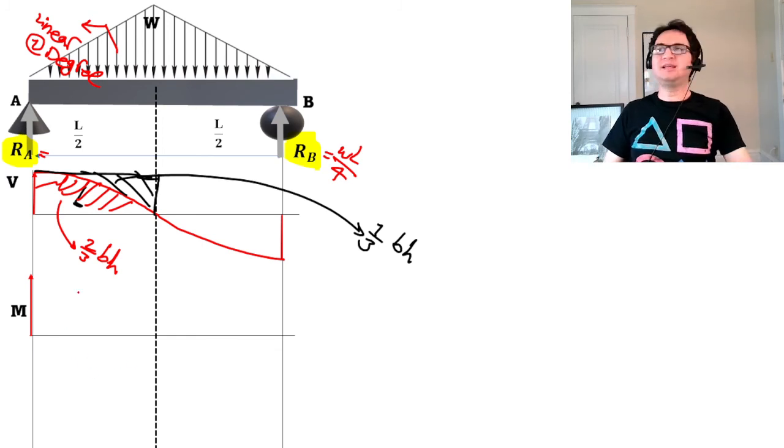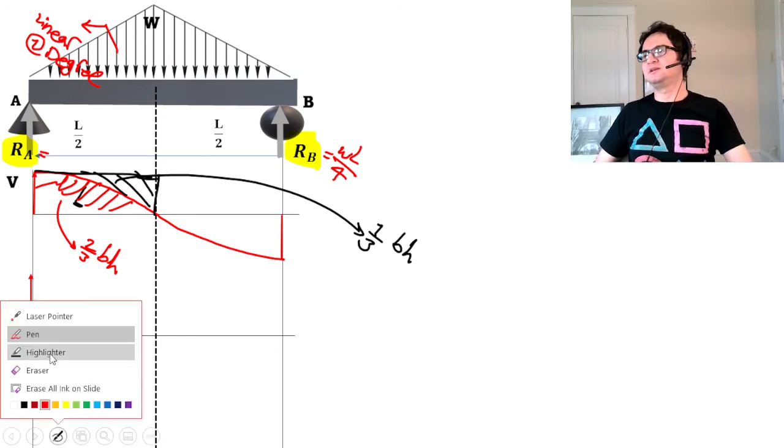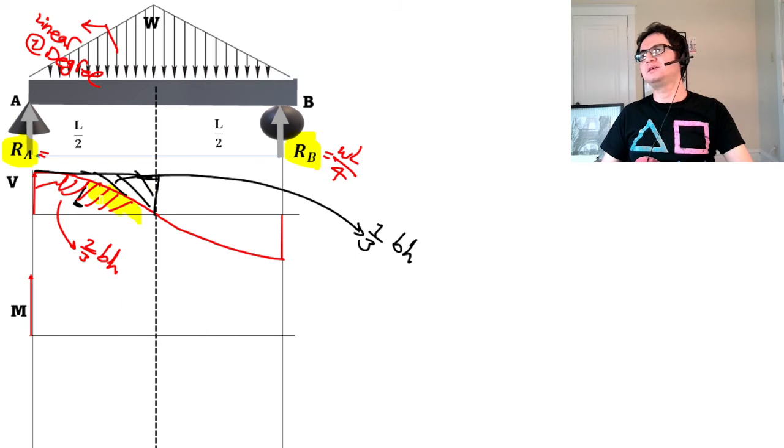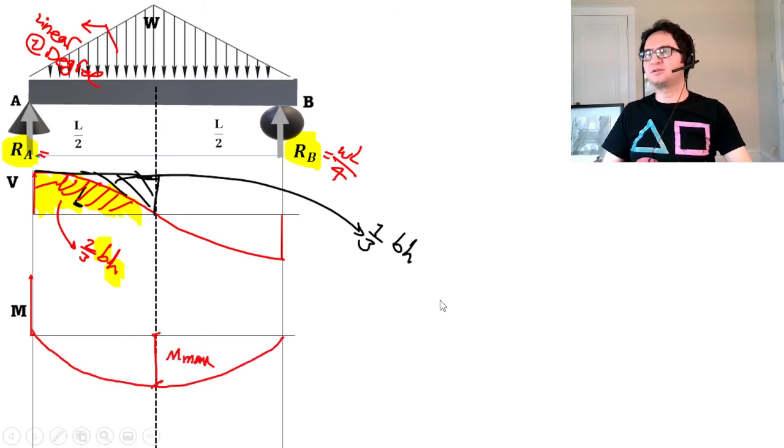And why do we need that area? Because the amount of moment is the area under shear, and B is our length, and H is a quarter of WL. Let's see how that goes.